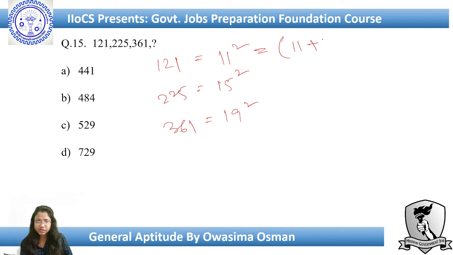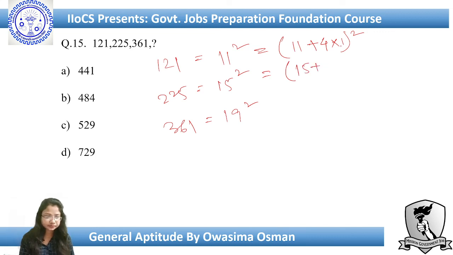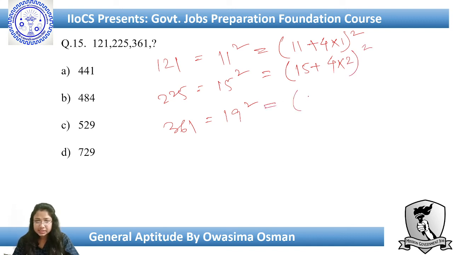If we do 11 plus 4 into 1 whole square, again we are doing 15 plus 4 into 2 whole square. We are just writing to find out that series.